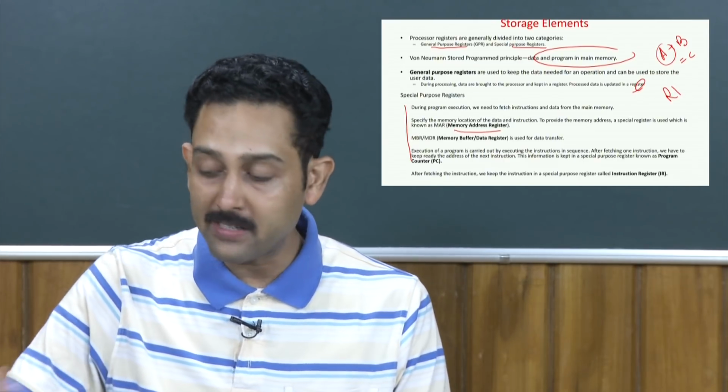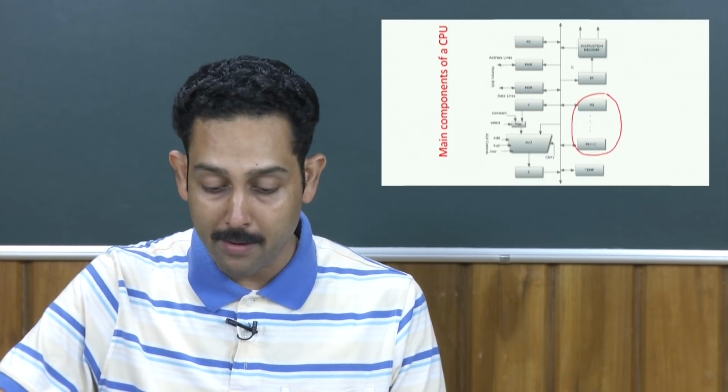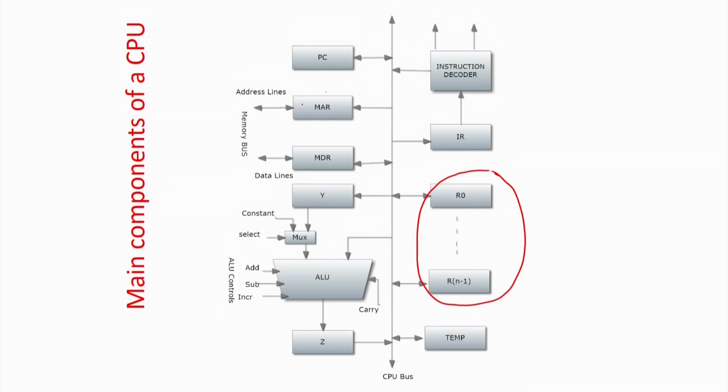That is a special purpose register which is called the memory address register. Your arithmetic and logic unit, or sometimes the instruction decoder, will generate the address from where the value of the memory has to be fetched. So whenever you are saying A equals B plus C or whatever, the memory location address is kept in the memory address register, which actually goes to the memory bus.